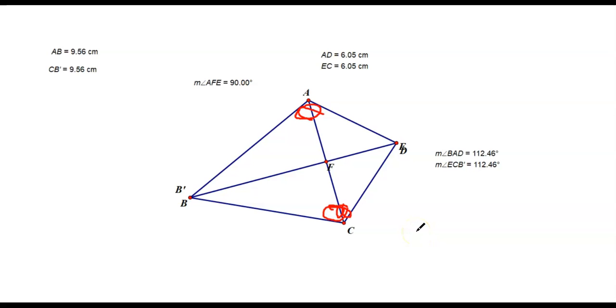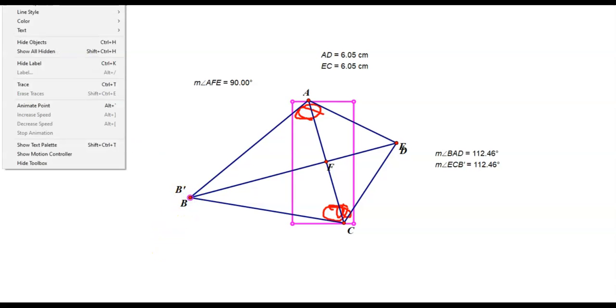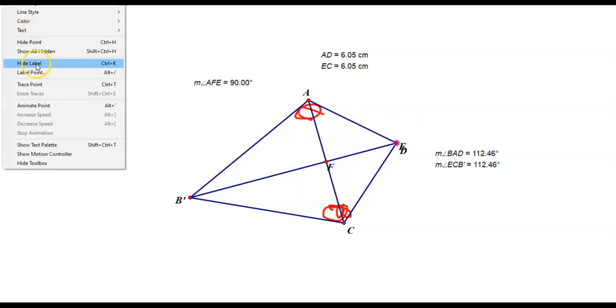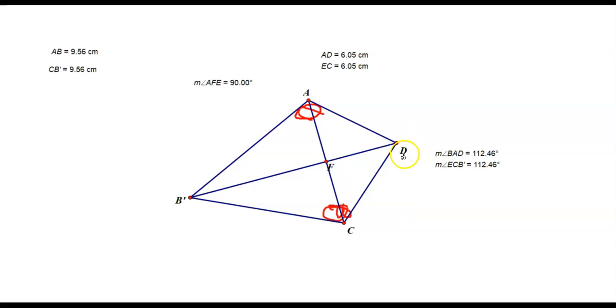Here's how you can see that, from how I constructed it to make a kite. Let me see if I can hide one of these. We'll just call it B prime for right now, and we'll call that D. Look at triangle A, B prime, D. Reflect it across this line in the middle, and you have triangle C, B prime, D. That's what I did.